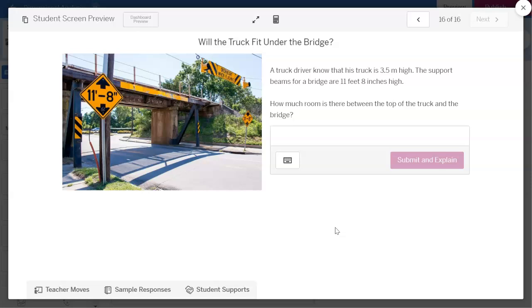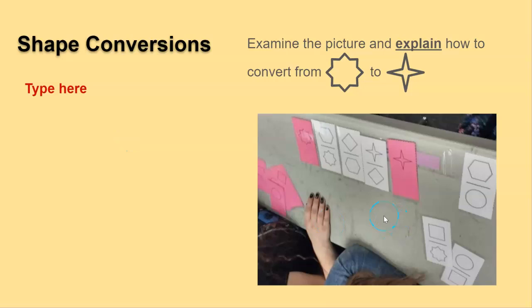There's not one right answer, because they could convert from inches and feet into meters, or meters into inches and feet. Either way, you can answer the question. When we get to slides, we're going to work on a math equals love task, and they're going to convert from one shape to another using dimensional analysis.